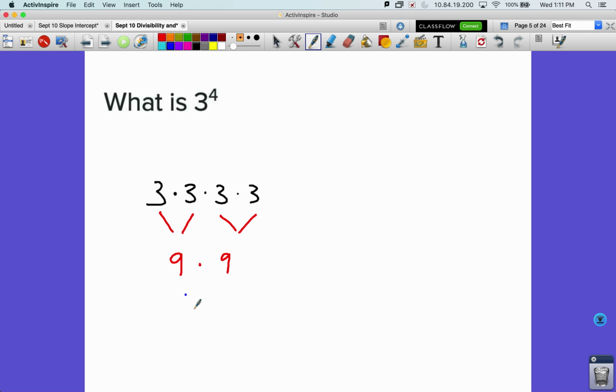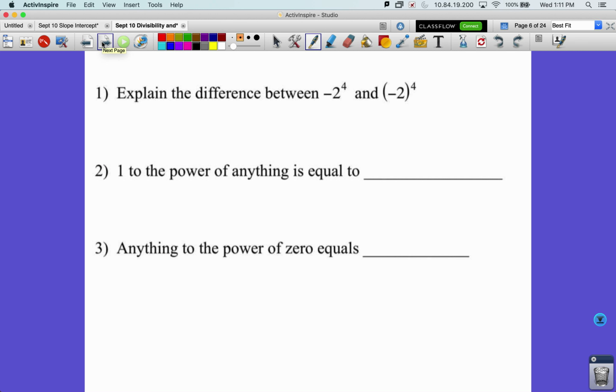And then we get that to be 81 in one fewer step. All right. So 3 to the 4th is 81. All right, these are the first 3 questions on your worksheet, so hopefully you've got that out as well as your notes, because we're going to do a couple off the worksheet, but the ones that aren't on your worksheet you can just do in your notes.